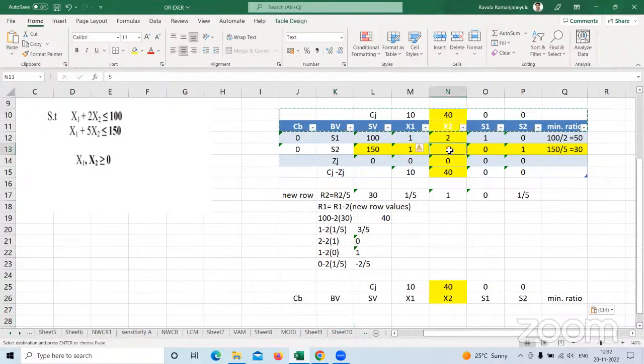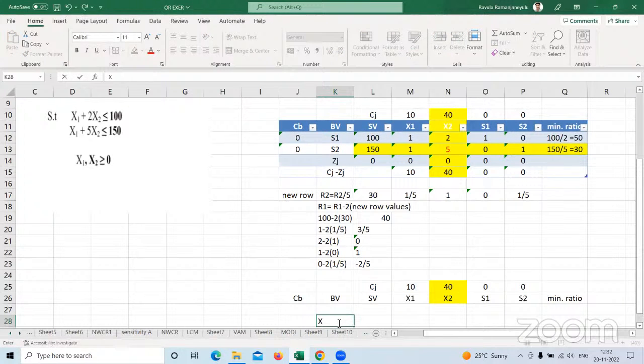So S2 is replaced with X2. In the place of S2 in the second row, we consider X2, and the coefficient of X2 is 40.